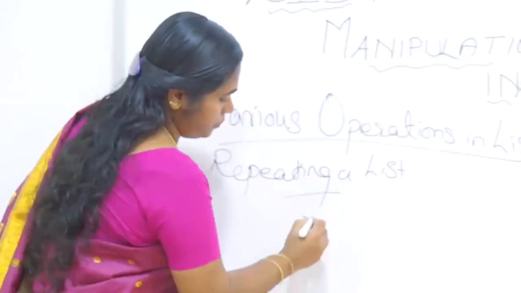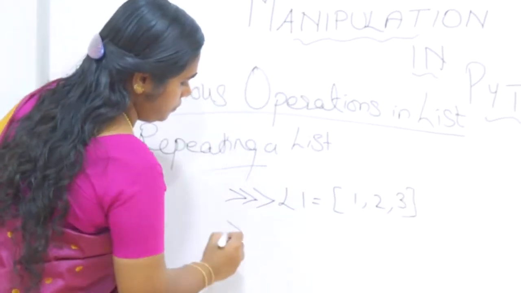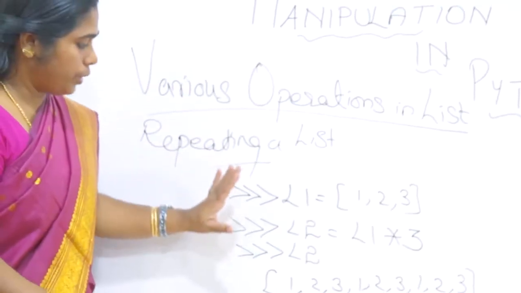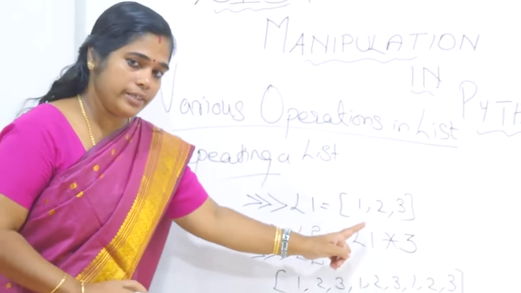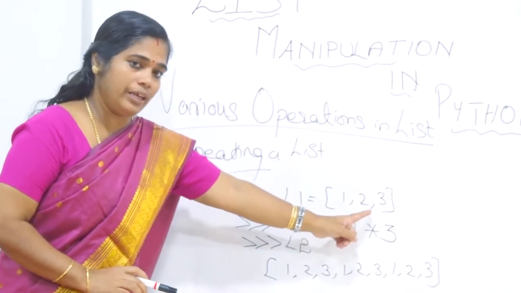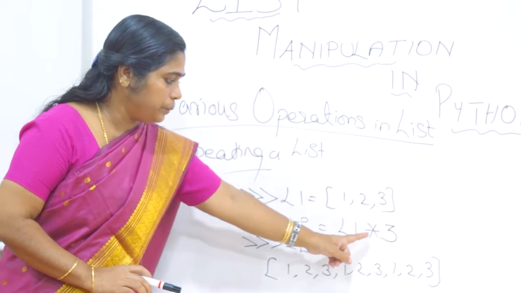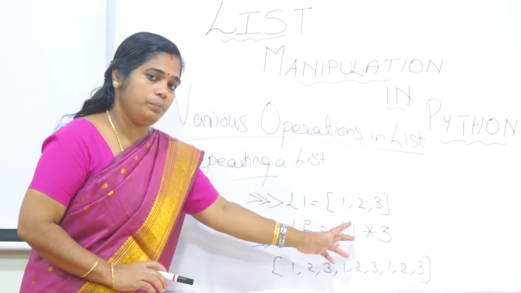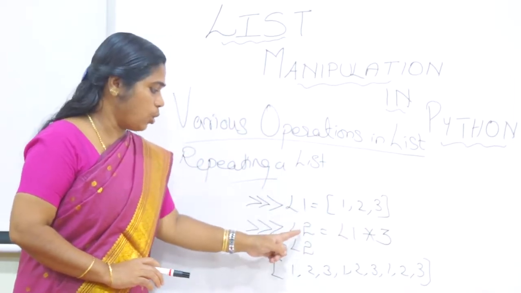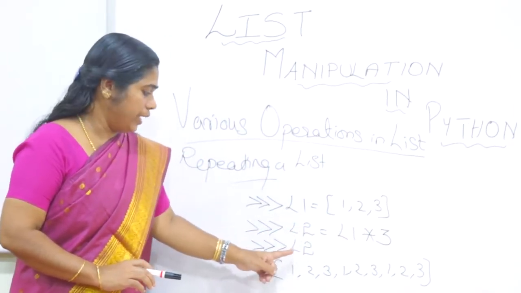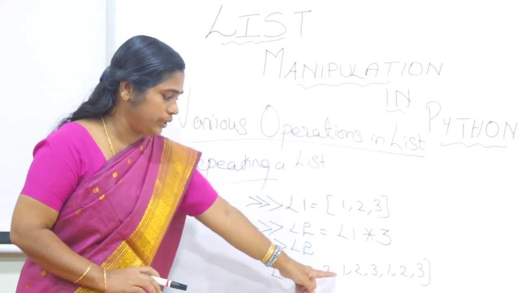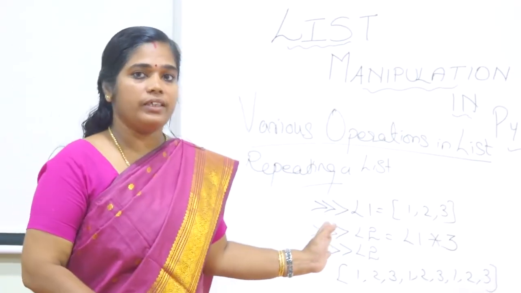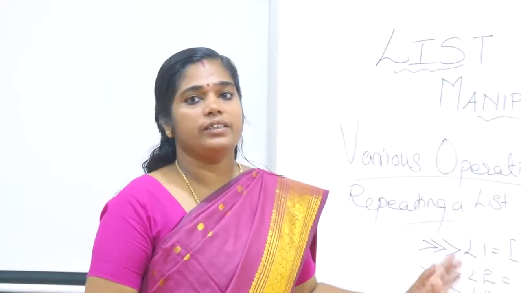For example, you can see L1 is a list which consists of 3 elements, and we are repeating the operation by 3. So the L1 list will be created 3 times and stored inside L2. Now L2 consists of 1, 2, 3 repeated 3 times. This type of operation is called repeating the list.